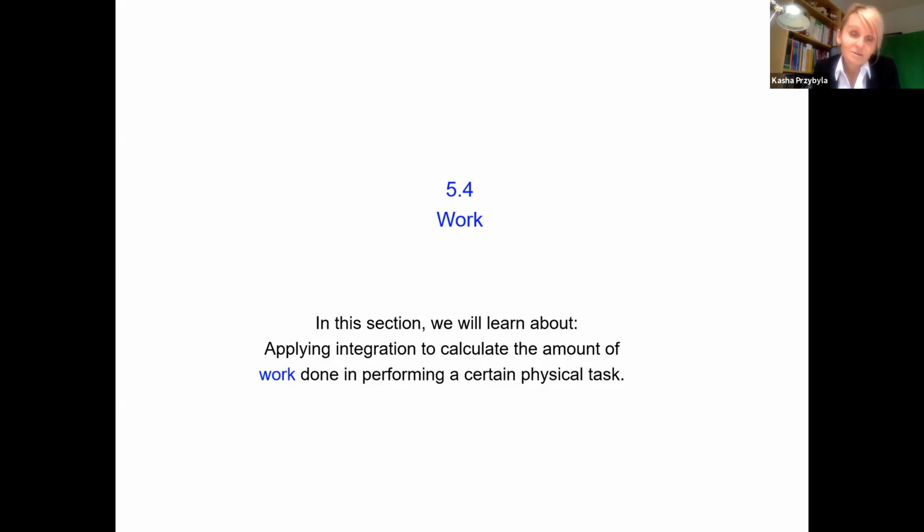I did use the calculator for today's session, but as I said, you will not need a calculator. You will probably just set up an integral, and that will be the final answer, no evaluation required, because I would like you to know how to apply it. Okay, let's start.